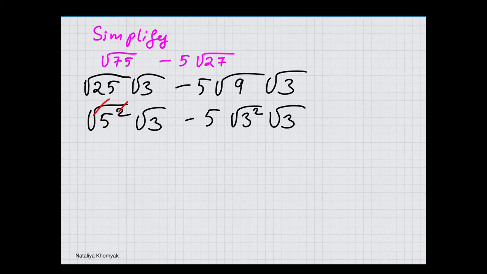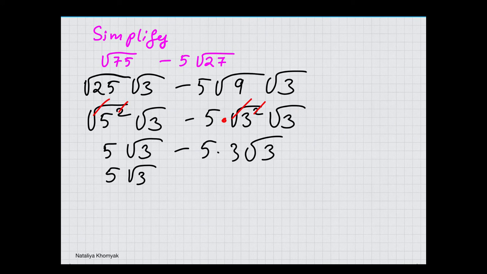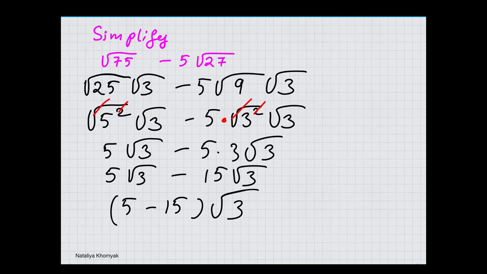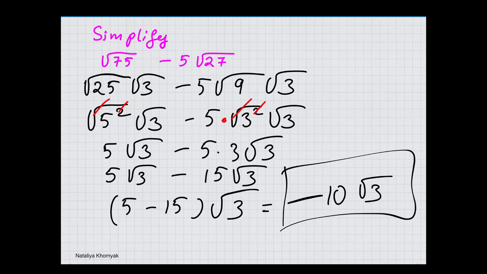Square root and the second power cancels. Remember, this is multiplication. So we have 5 radical of 3 minus 5 times 3 radical of 3. 5 square root of 3 minus 5 times 3, 15 square root of 3. So we get 5 minus 15 radical of 3. We have more negatives, so we have negative 10 radical of 3. And this is our solution.